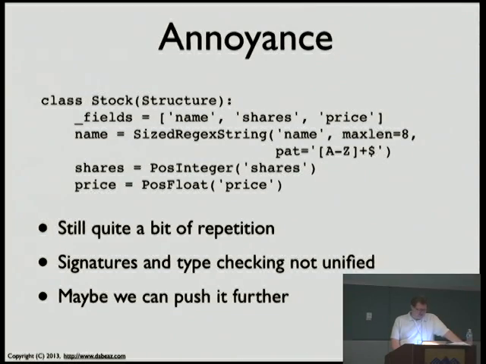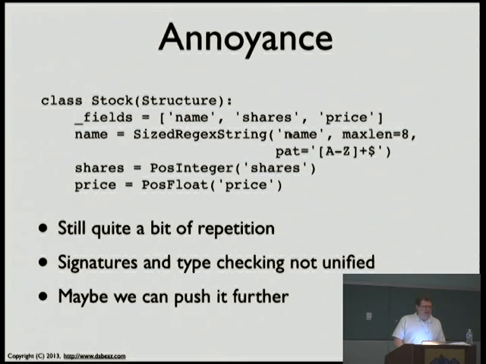One of the consequences is that there's a lot of repetition in the definition of these classes. There's the declaration of the fields, and then you have repetition. How many times does name appear in there? There's name there, there's name over on the left, there's name in the string there. It's quite a bit of repetition.